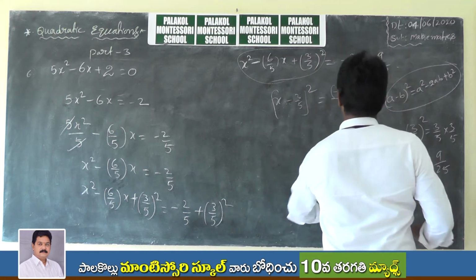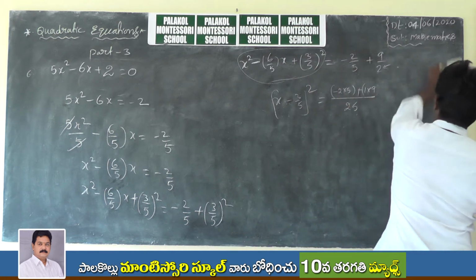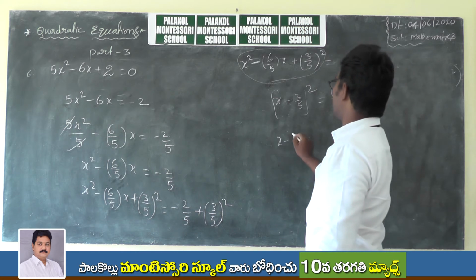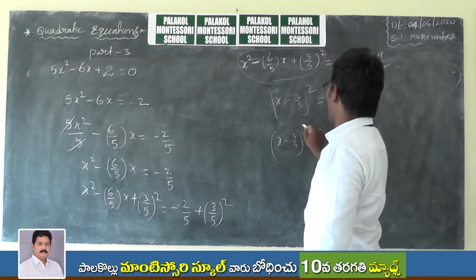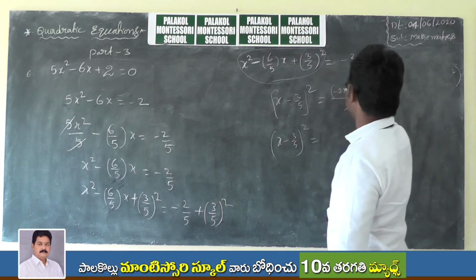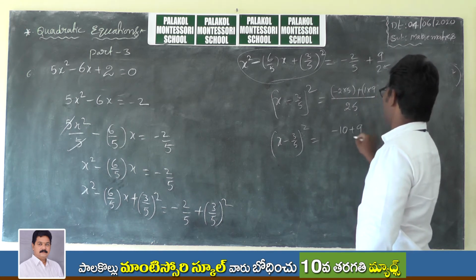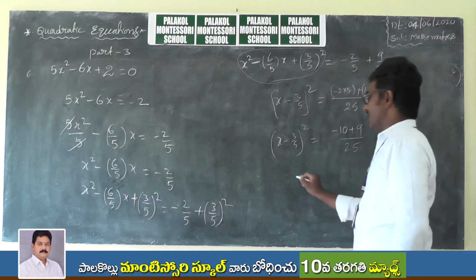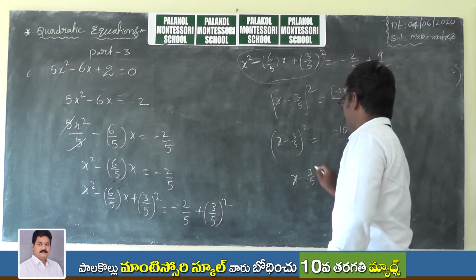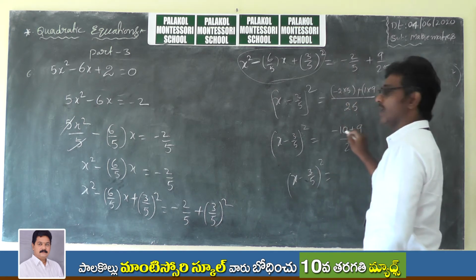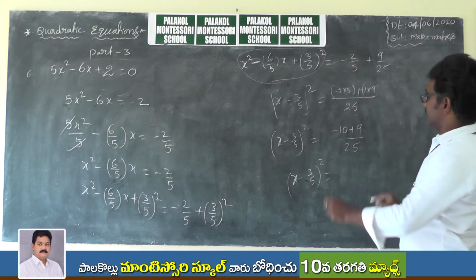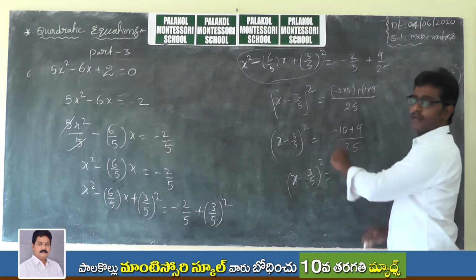Now see. (x minus 3 by 5) whole square is equal to minus 10 plus 9 by 25. Wait here. This is a 10 but the sign is minus.